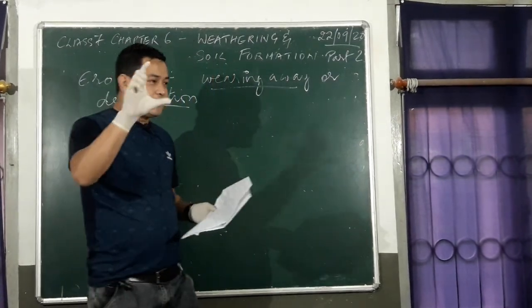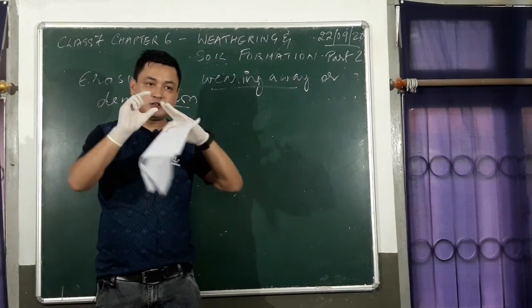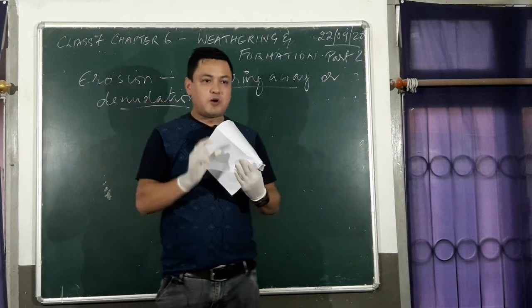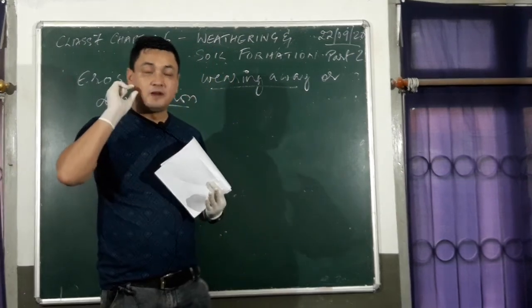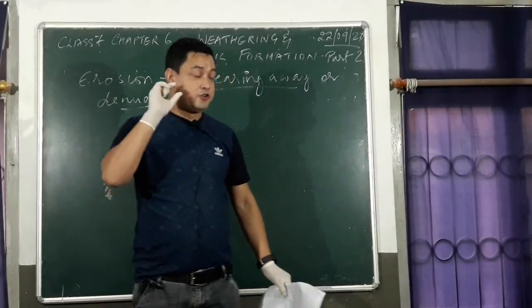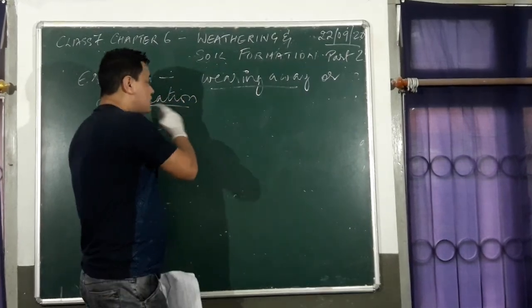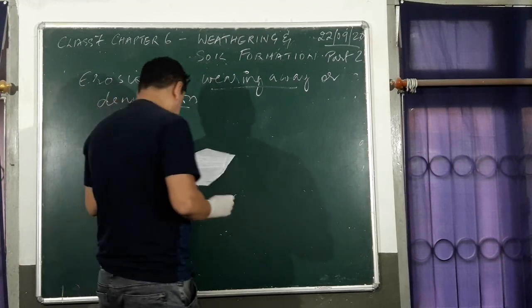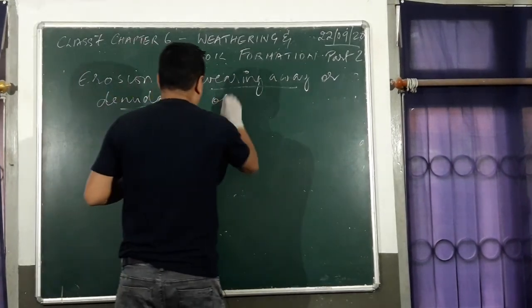Like an onion has got layers. If you remove one layer, then another layer, what will happen to the onion? The onion will become smaller in size. Likewise, rocks also reduce in size because of denudation. Denudation of rocks.